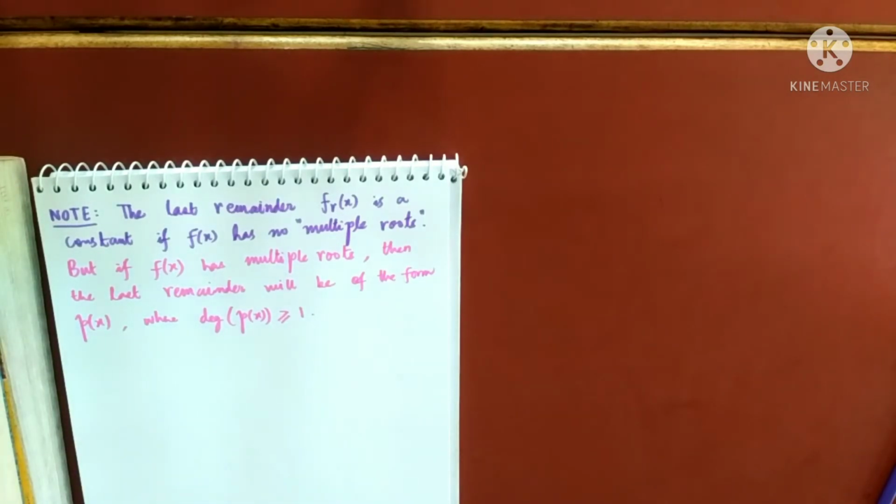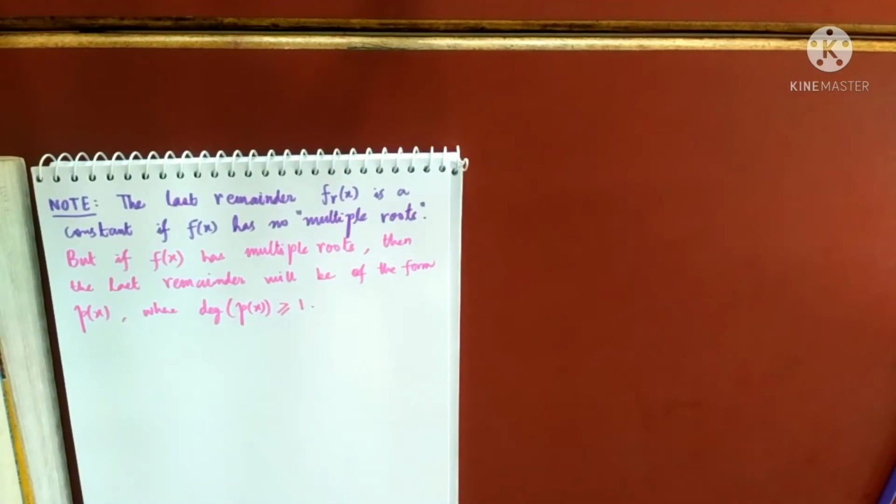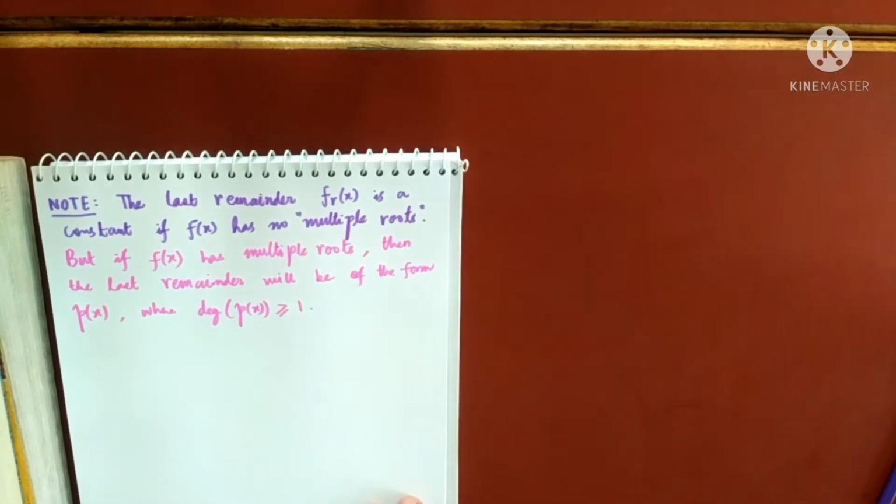It will be a polynomial of degree at least 1. So keep that in mind. Okay, so this will be very much essential while doing the sums. This will also give us an idea whether my given equation has multiple roots or does not have multiple roots. So this will be very important for us.